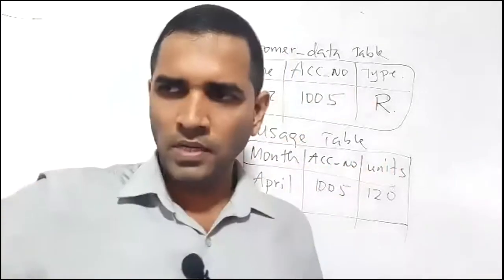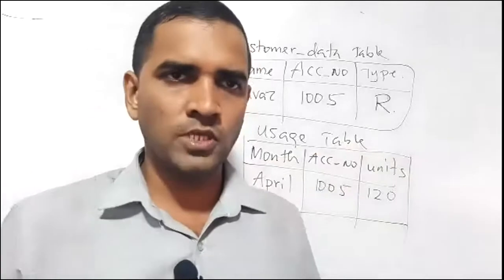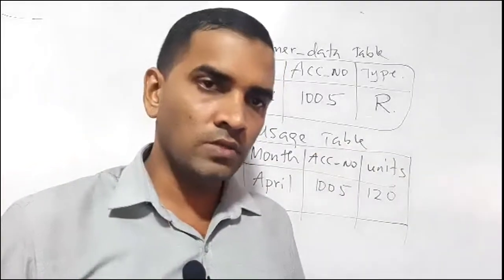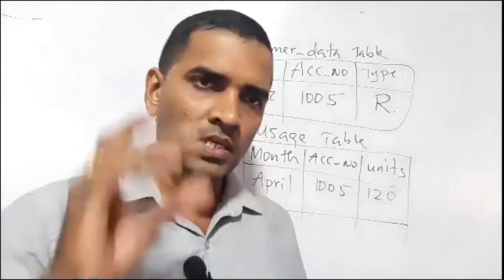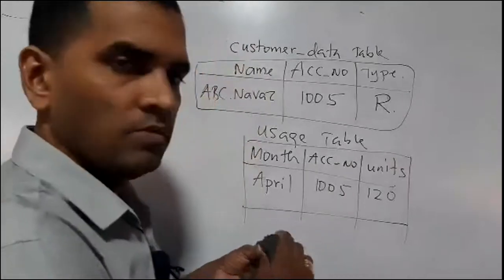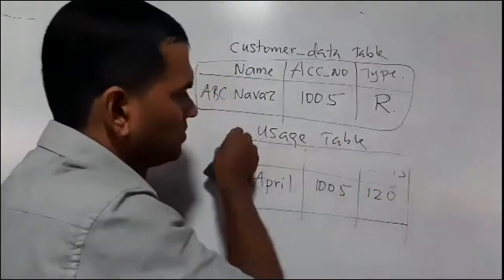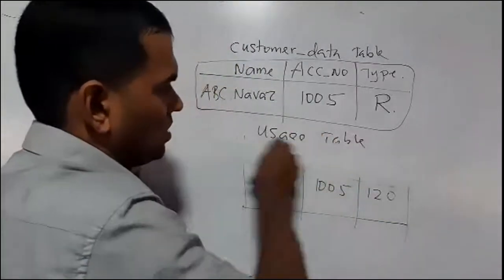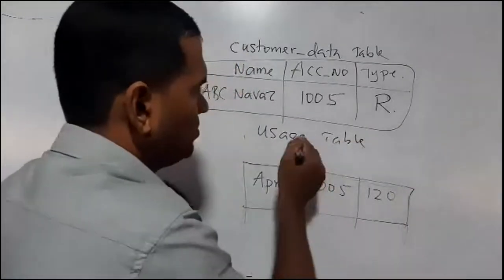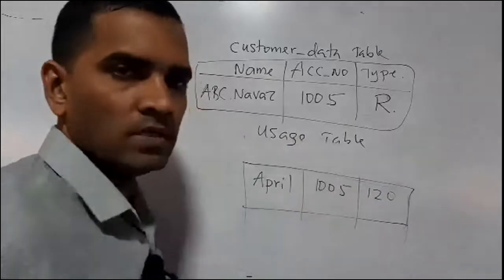They want only the particular record, because record is the most important part. So better write it even without that field name. It is possible. Write only the record, but you must write the table name, usage table, and this data.